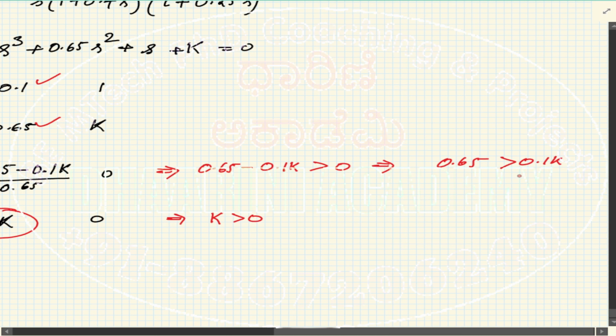So it means K should be less than 0.65 by 0.1, that is equal to 6.5. So the highest value of K is 6.5, the lowest value is 0. So the range of K for which the system is stable is this. This is the answer to the first part.